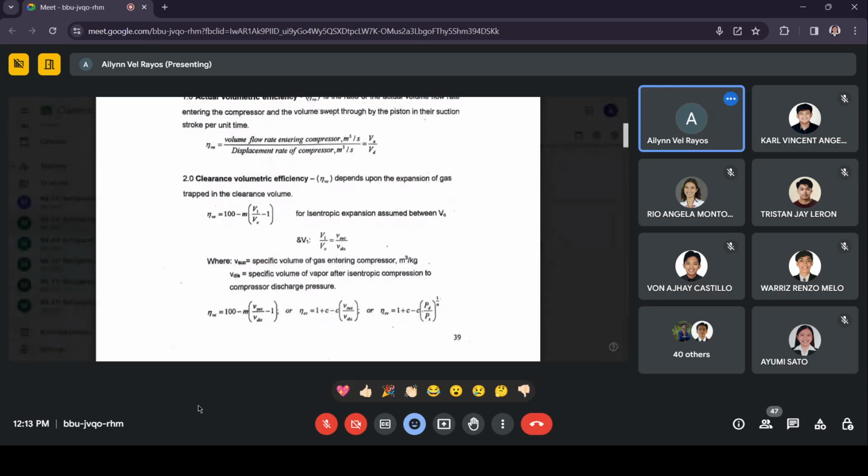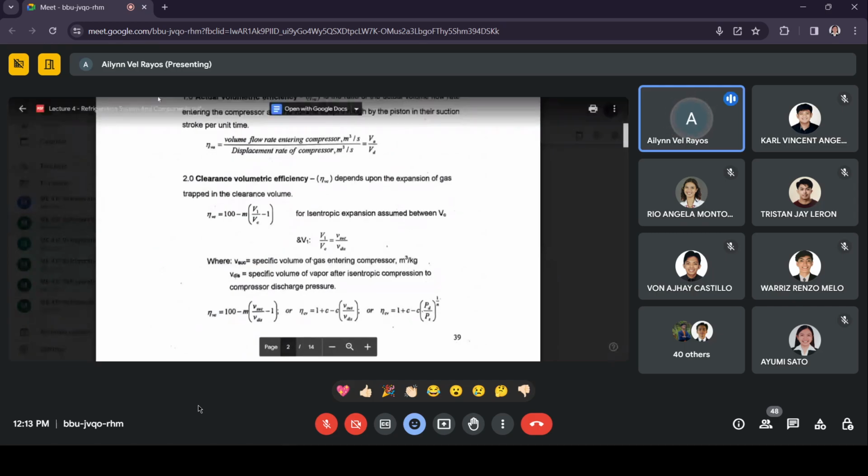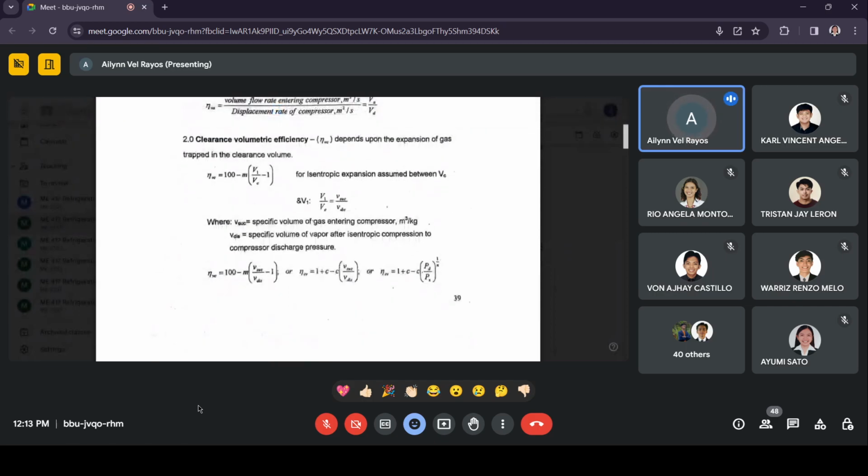V sub suction is the specific volume of gas entering the compressor, and V sub discharge is the specific volume of vapor after isentropic compression to compressor discharge pressure. This is also what we used in our calculations, no? So we have 100 minus M multiplied by V1 over V2 minus 1.